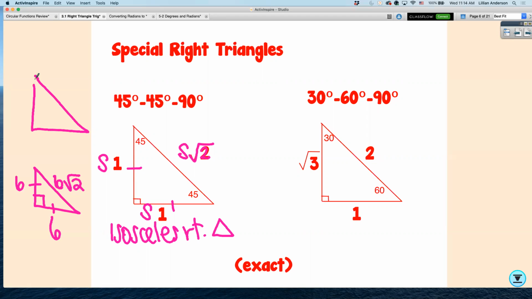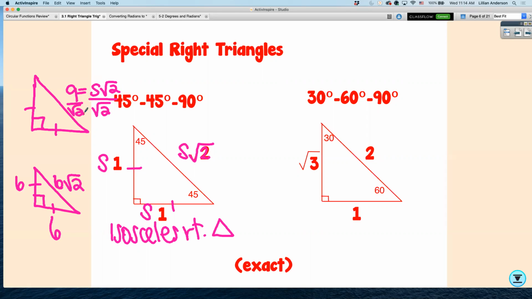Let's say you were told that your hypotenuse was 9. Well, 9 corresponds to s square root of 2. So you could set this equal to s square root of 2 and solve for s to get your legs. How would I solve for s? Divide square root of 2 from both sides. Very good.